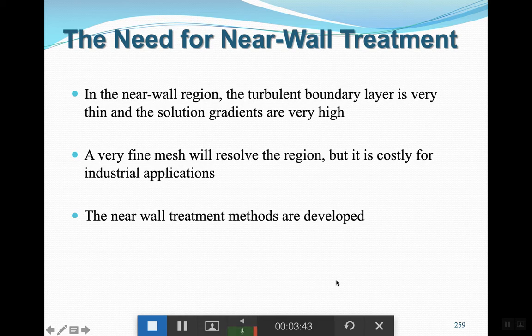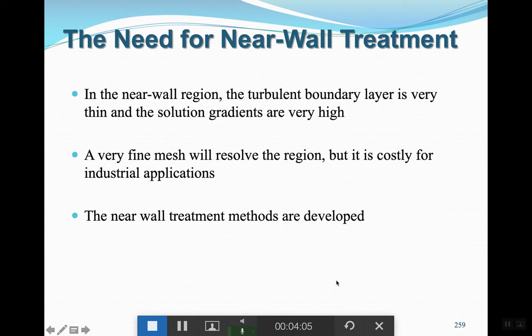So what we discussed in terms of one equation models, two equation models, and so on, since they are models and auxiliary equations, they have their own limitations. One of the common limitations of these models is near wall treatment.